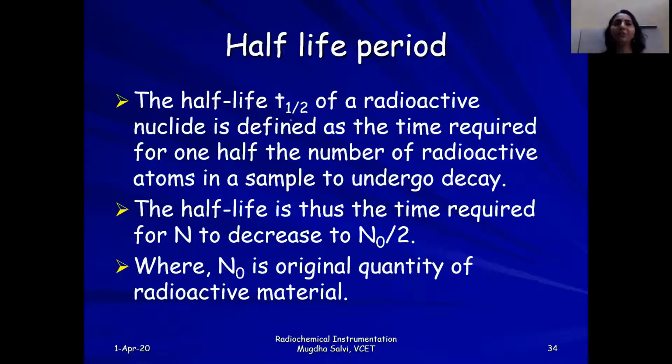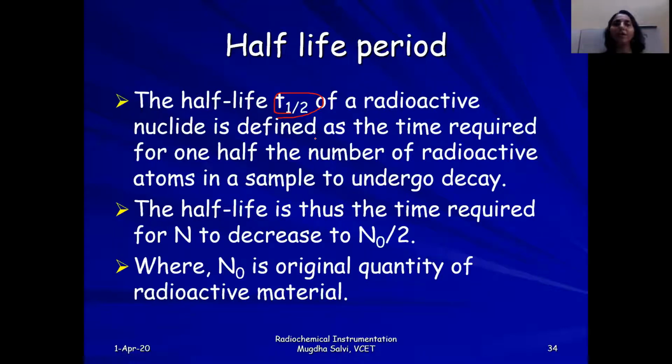Half-life period. The half-life period, denoted by T half of a radioactive nuclide, is defined as the time required for half the number of radioactive atoms in a sample to undergo decay.